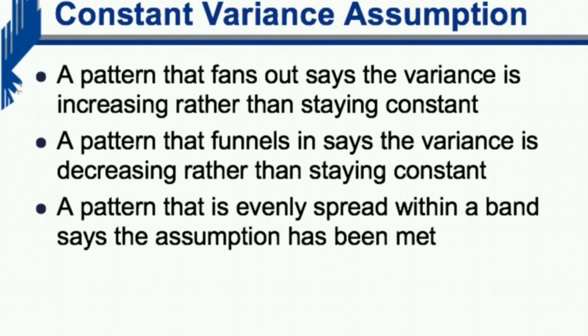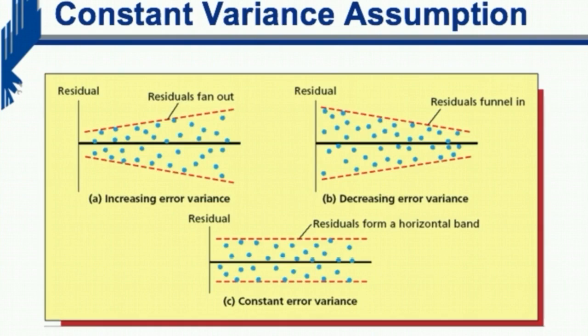And ideally, we want to have a pattern that is evenly spread out, so it looks randomly dispersed along the x-axis, for us to say that the assumption is satisfied. So here are illustrations of those cases. Here in this residual plot, we can see that the residuals are fanning out.